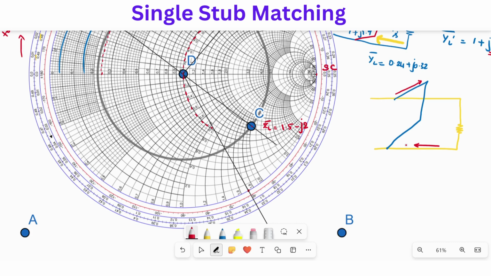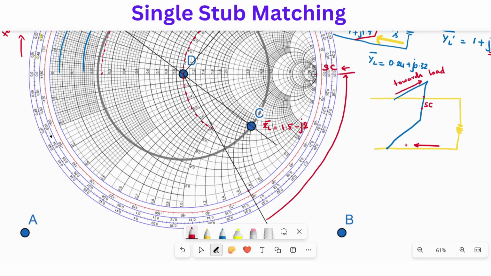So when we move on this transmission line, we are going to meet a point where the transmission line is short circuited, which is this point. And we are moving towards load, not towards generator. Remember that for a stub, we will be moving towards load. So towards load means we have to move in the anti-clockwise direction, which is this direction.